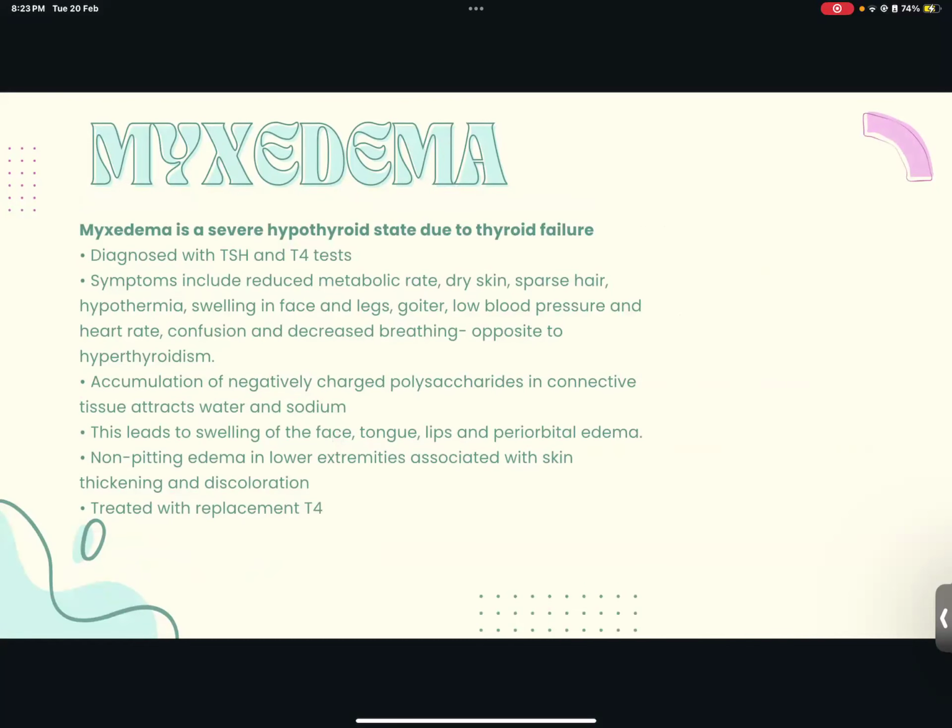Now let's talk about myxedema. Basically, myxedema is a severe hypothyroid state due to thyroid failure. And basically, it's diagnosed with TSH and T4 tests.